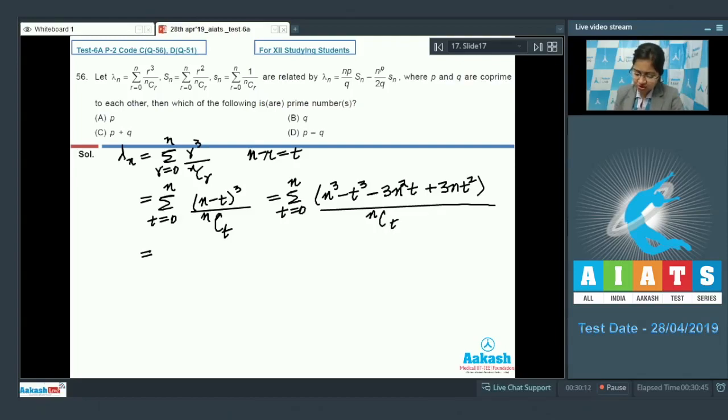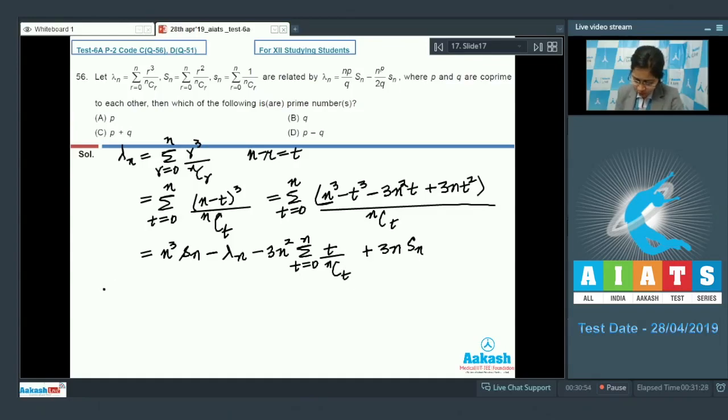So this can be written as summation of n cube upon nCt, that is equal to n cube into summation of 1 upon nCt, which is the same as small sn, minus summation of t cube upon nCt, which is the same as lambda n, minus 3n square times summation of t going from 0 to n of t upon nCt, plus, taking 3n common, summation of t square upon nCt, which is the same as capital Sn. So we just have to find this value.